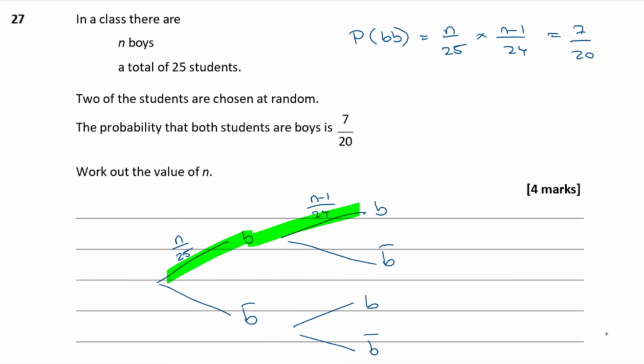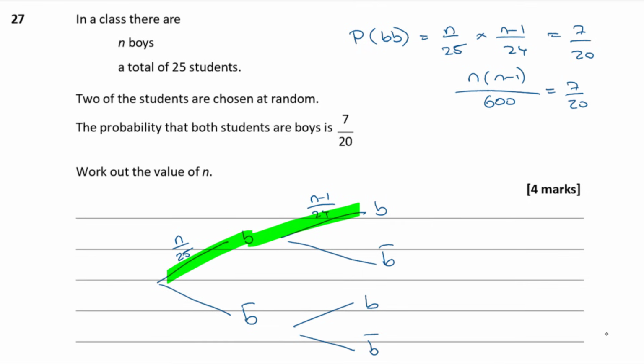So what we've done here is we formed an equation in n, which we now need to go on and solve. Right, so combining those two fractions together, we're multiplying, which is just numerator times numerator, so that's n(n-1) on the top, denominator times denominator, and 25 times 24 comes out to be 600. So n(n-1)/600 is 7/20.